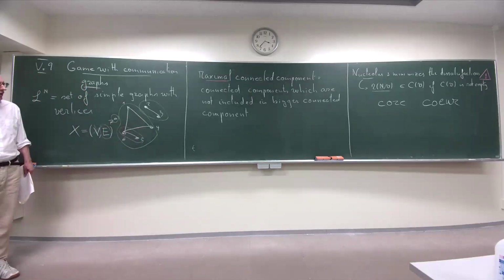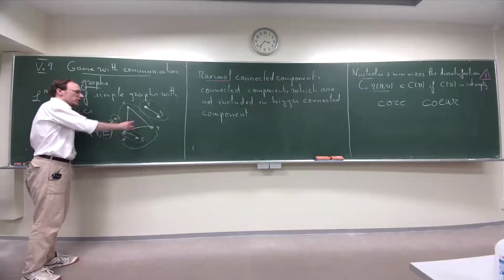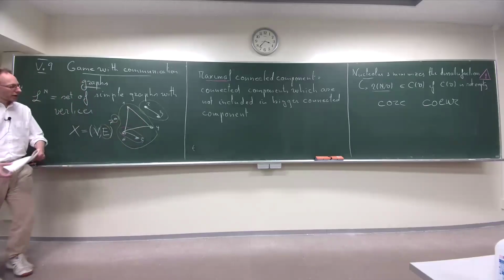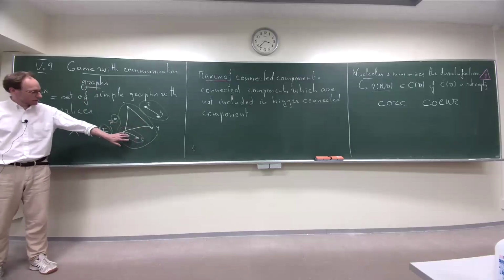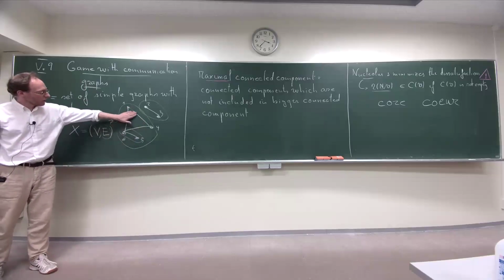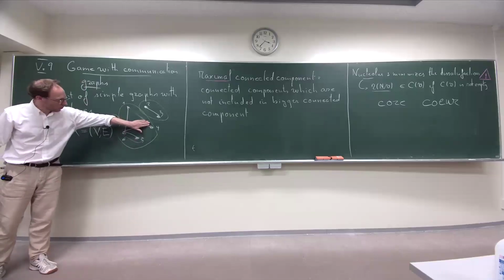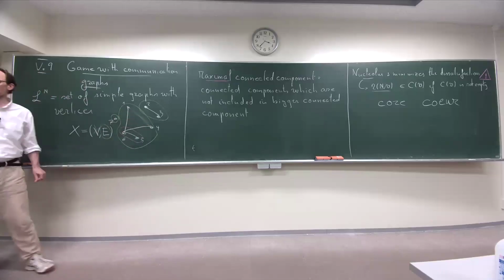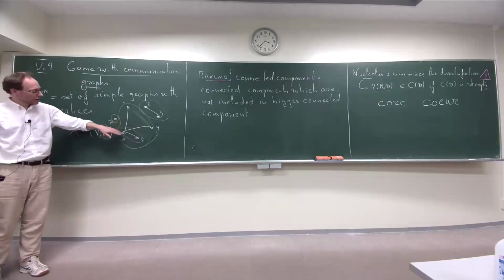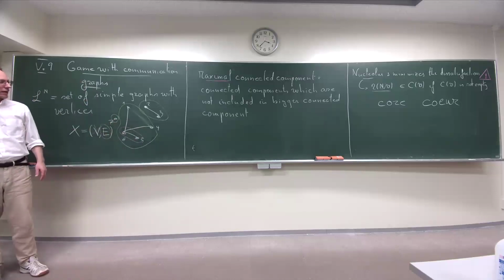So maximal means you cannot extend it further. While just taking these 2 vertices on the edge between, you can extend it to another one. But by the way, you would get the same connected components if you don't have this edge, because you can still go from one point to another one in this component.